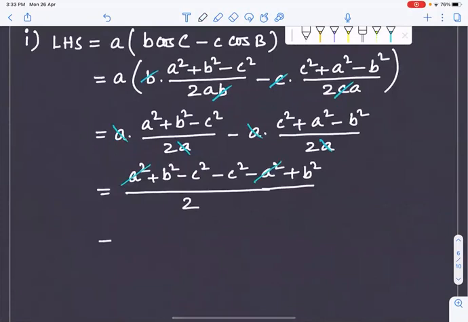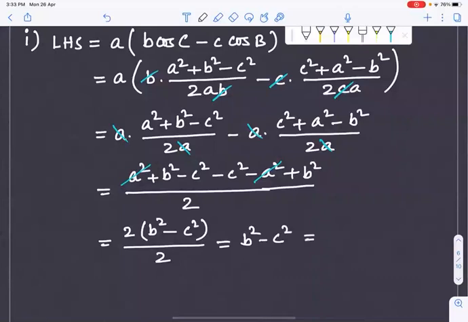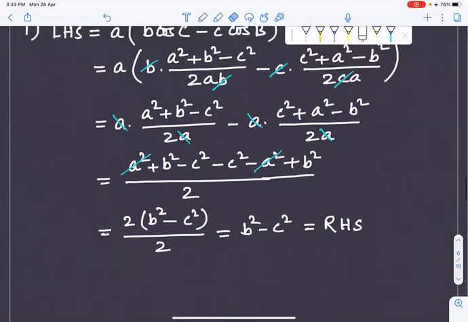So this is giving me 2B square and 2C square. And 2, therefore this is nothing but B square minus C square, which is our right hand side. So that is the proof. B square minus C square, that's the right hand side.